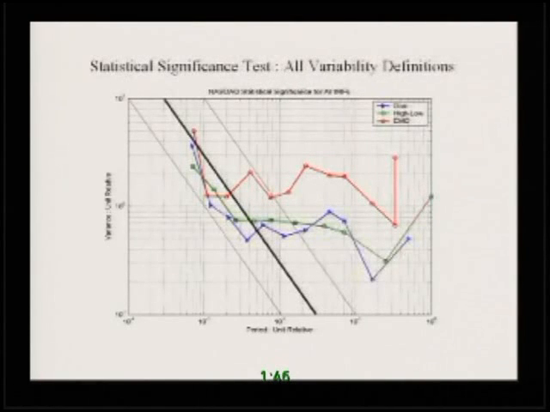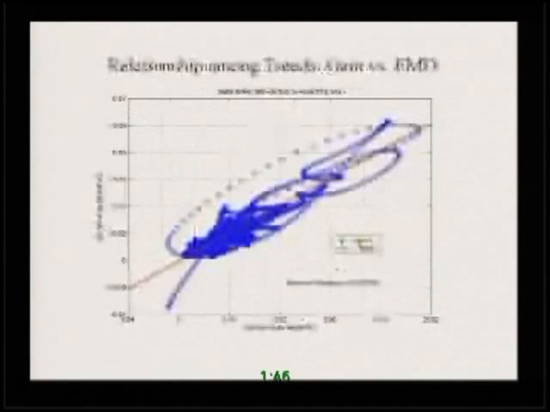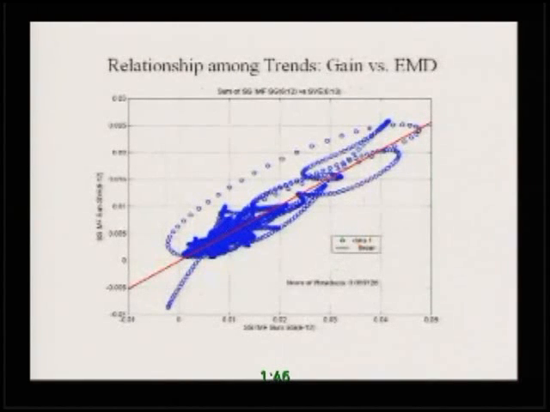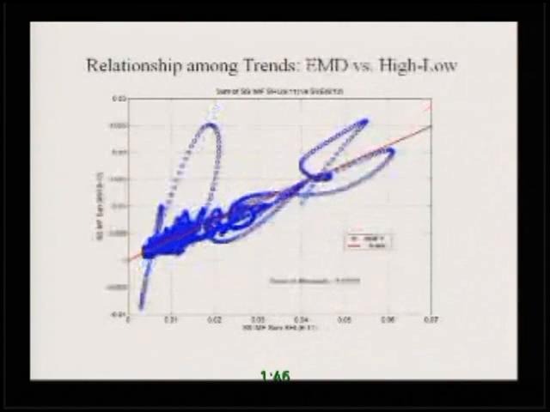You plot it all together, and you find the long-term data are not really within the white noise range. If you take only the long term, then you start to see correlation: GAN versus EMD, GAN versus high-low, and high-low with EMD, you get a correlation.